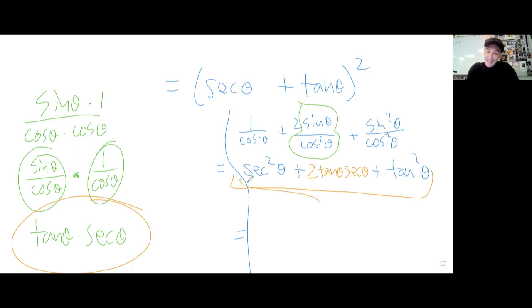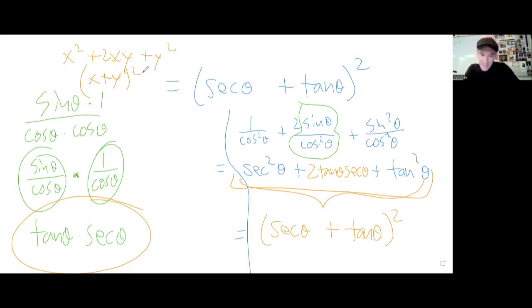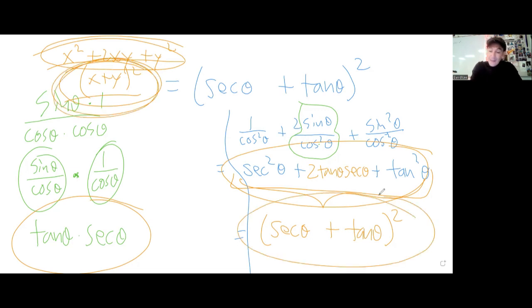This can be factorized to become secant theta plus tangent theta quantity squared, because we said earlier that x squared plus 2xy plus y squared becomes (x + y) squared. That is exactly what just happened here: secant squared, tangent squared, and in the middle, 2 of their product. So we can rewrite it to look like (x + y) squared, and that's perfect because it matches the right-hand side.